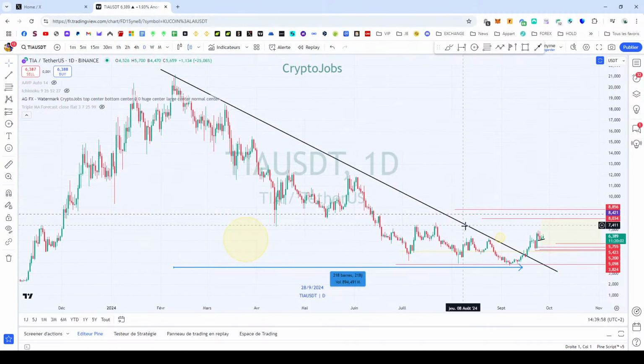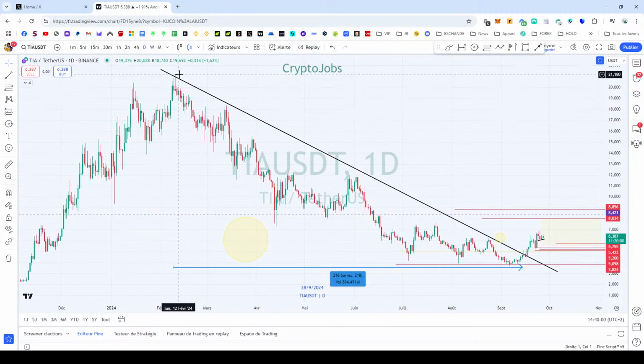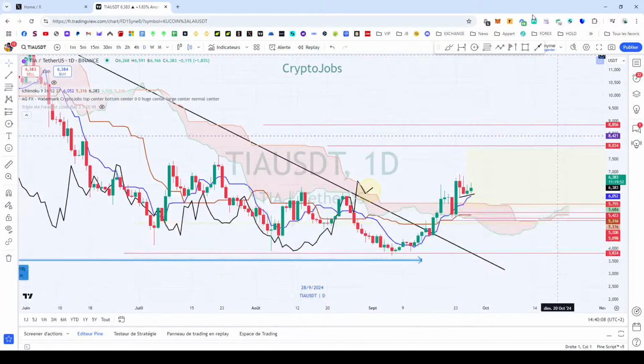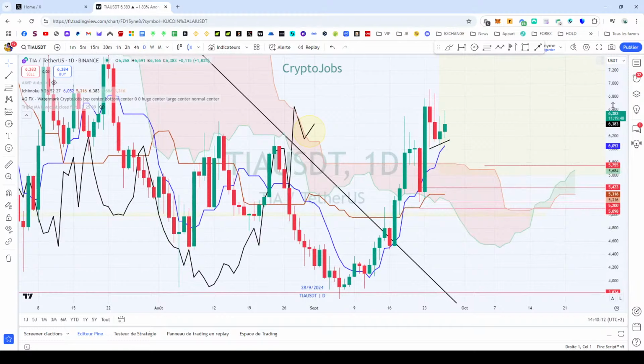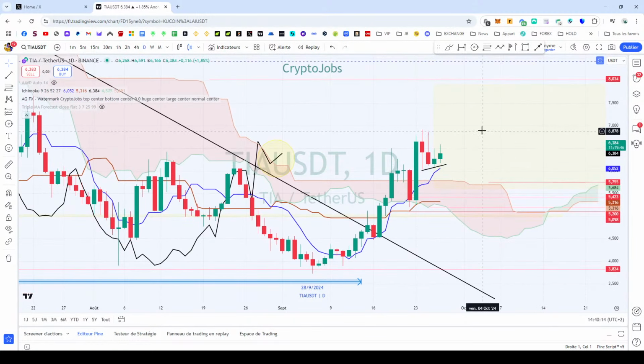You can clearly see that this downtrend is valid. You have 1, 2, 3 points of contact here, 4, and the clean breakout. And usually when the reversal isn't fake, and when you have a beautiful bullish reversal, it can work on both trends, upward and downward.